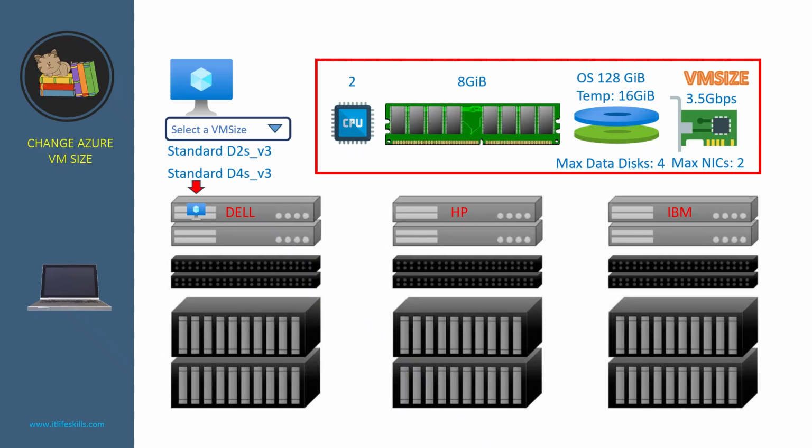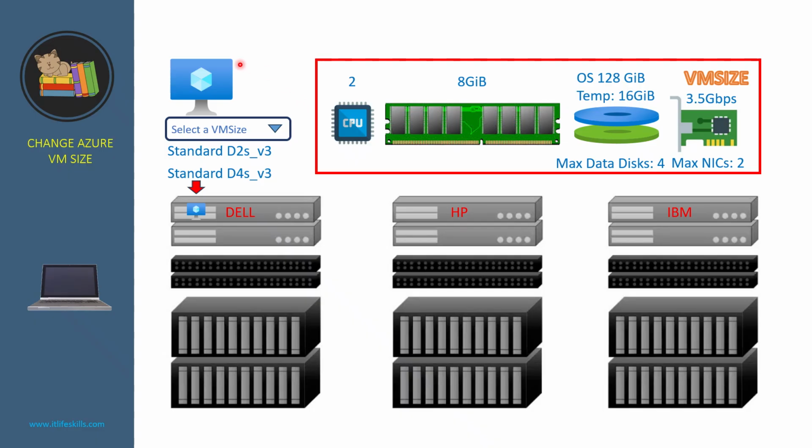For example, this VM is currently running on this cluster, and this cluster only supports two sizes. The first one is Standard D2s_v3, and the second one is Standard D4s_v3. And the current VM size is Standard D2s_v3.